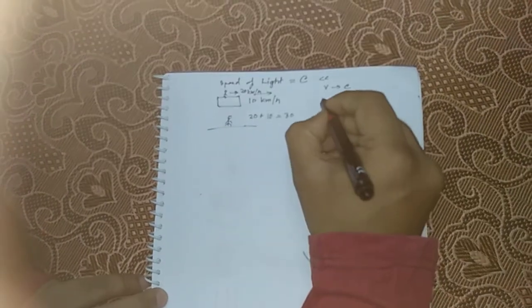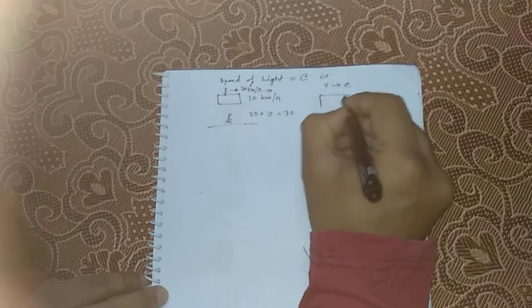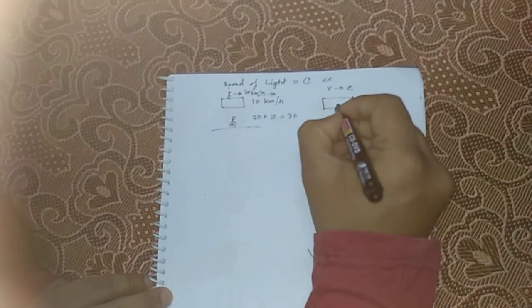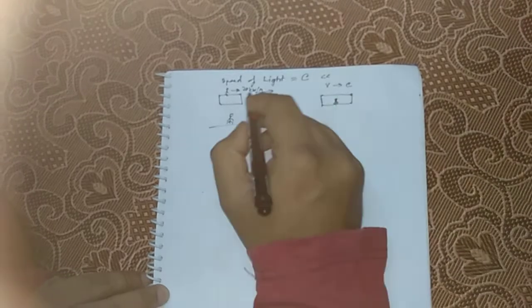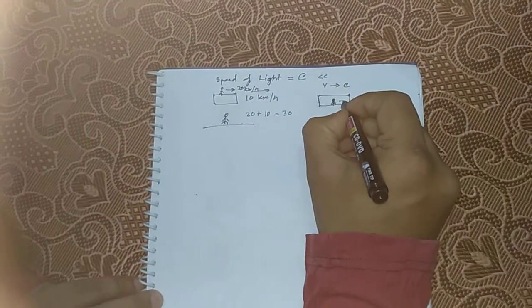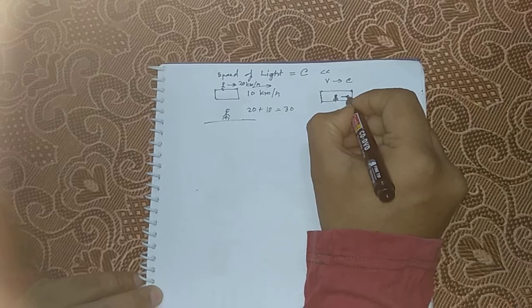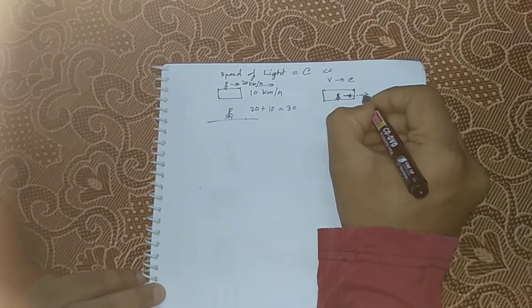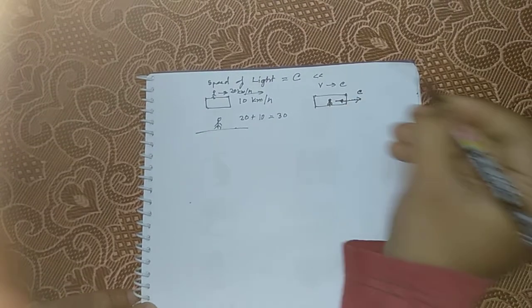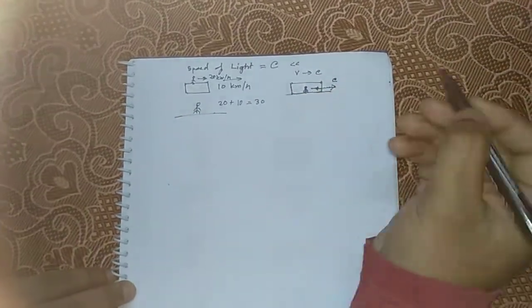Now take a similar situation. You are in a train, let's put you in this box, and instead of a ball you shine a torch. A photon goes in that direction with velocity c.